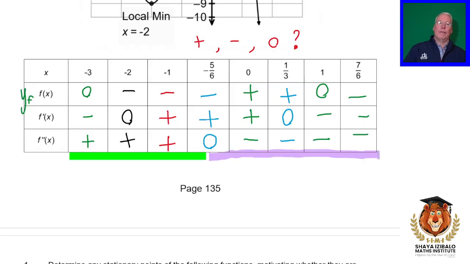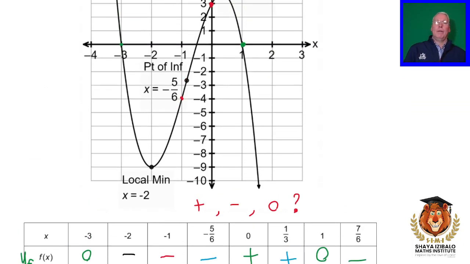I'll just show you on the graph. This graph is concave up like a cup to there, and then it's concave down like a frown from there.